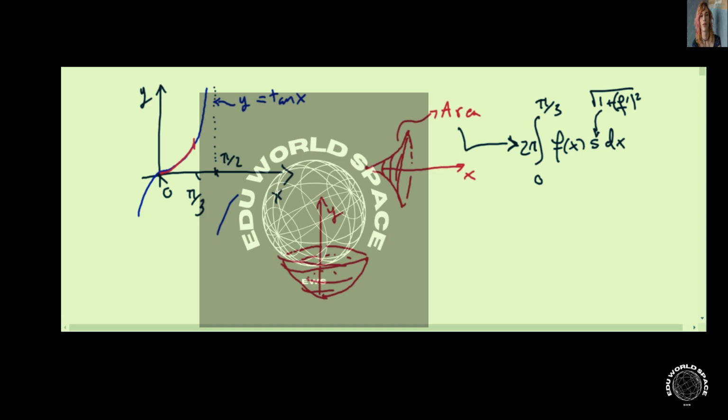Also this part here is y, and then if we rotate about the x-axis, we have the integral from 0 to pi thirds of 2 pi times what appears here.